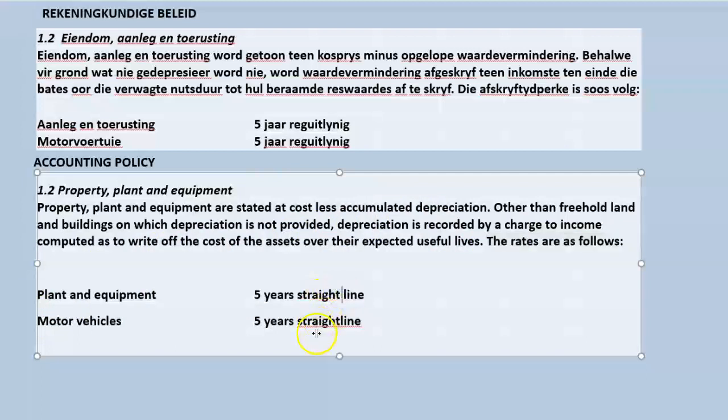And then for motor vehicles, in this case, let's say 5 years on the straight line method. Now, if we, for instance, had plant and equipment on the production unit method, we would have said production unit method. If we had motor vehicles, for instance, on the diminishing balance method, we would have said 20% per annum on the diminishing balance method.